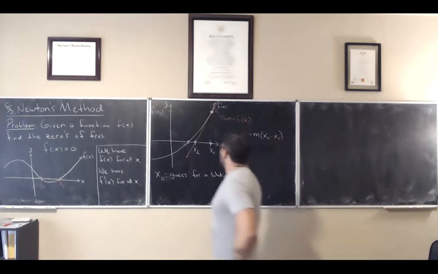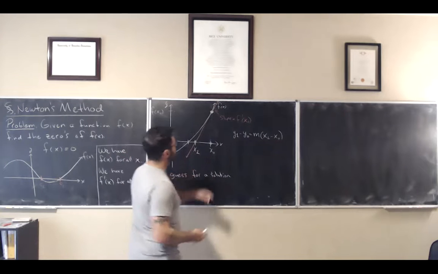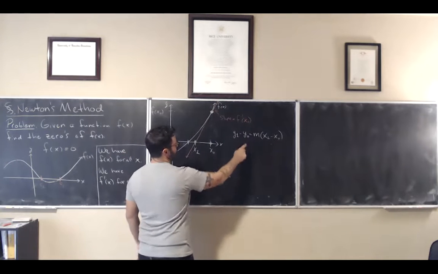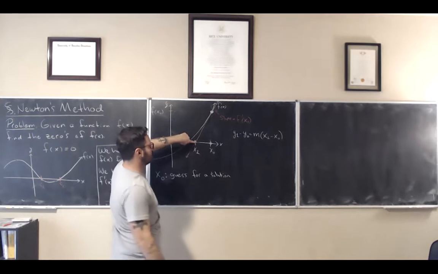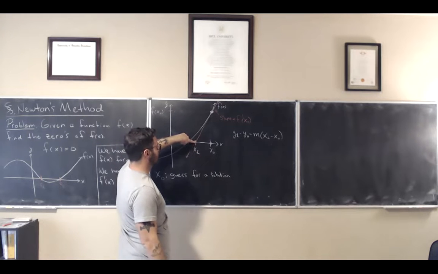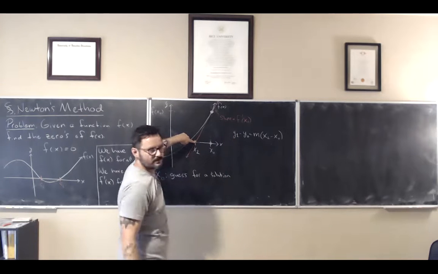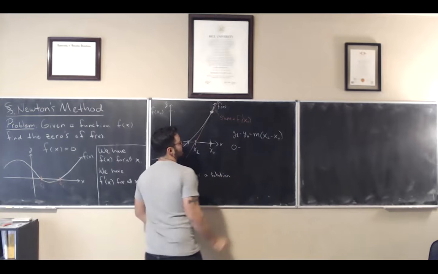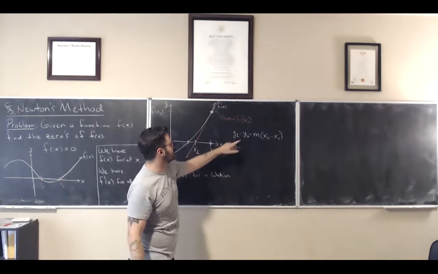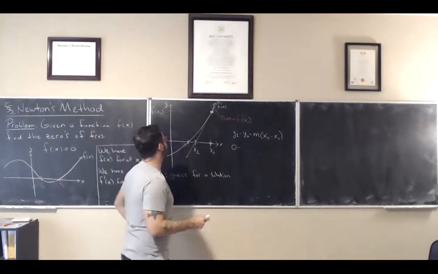Now, what do we know? We know that and that, right? So the y value here, y1, is going to be 0, because that's where we're at, we're on the x-axis. Do we know the first y? Yes, the first y is just f evaluated at x naught.